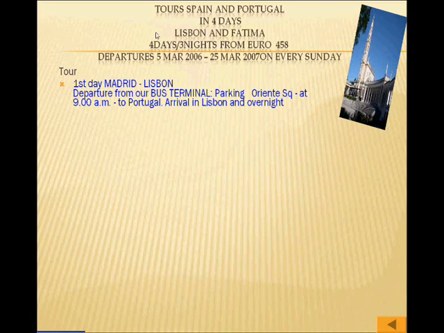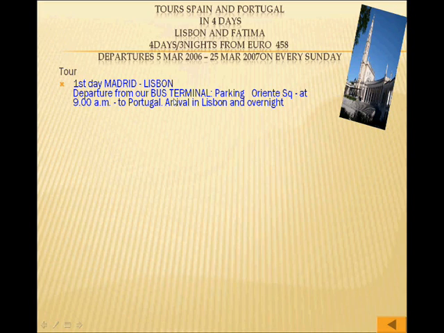Okay, let's have a look at the tour itself. We have the first day, Madrid to Lisbon, and also we have departure from the bus terminal park.